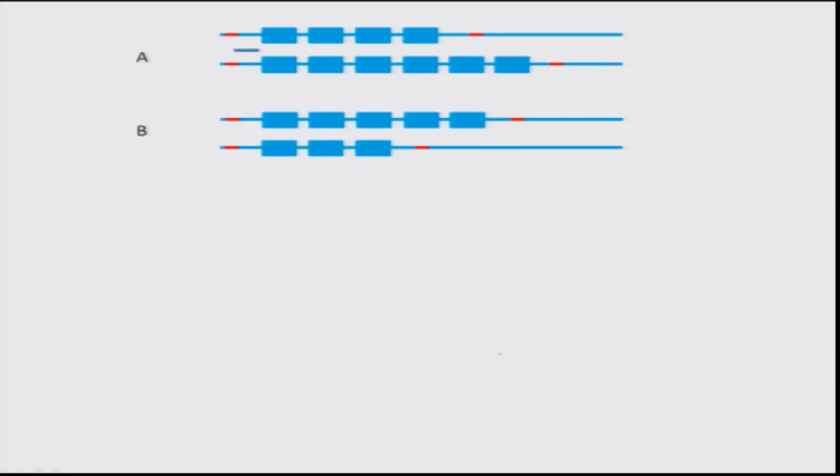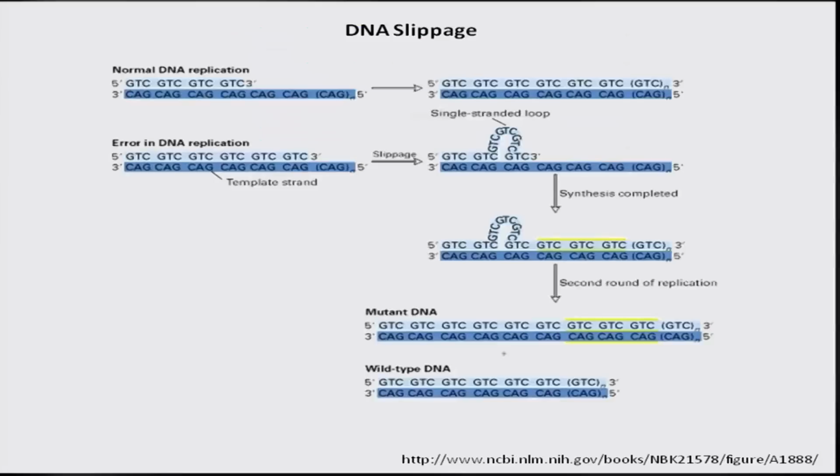These are nothing but tandem repeats which are tandemly arranged in a region of the genome, and these repeats are highly variable. One of the reasons for them being variable is that during DNA replication, one of the strands straggles behind, and hence there is a problem in the base pairing.